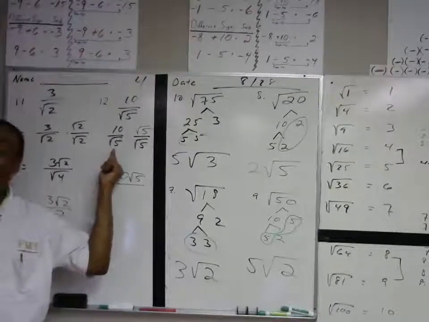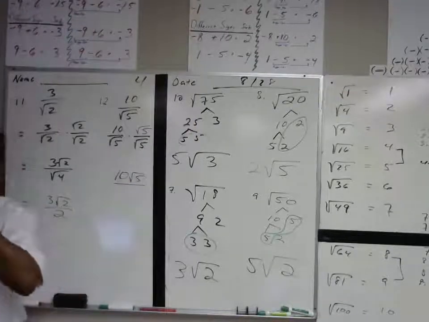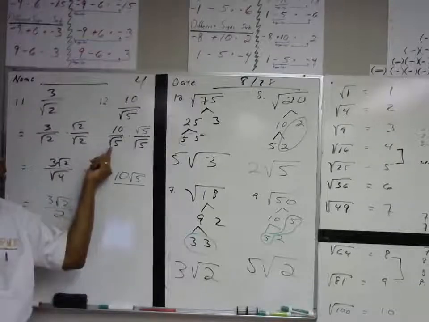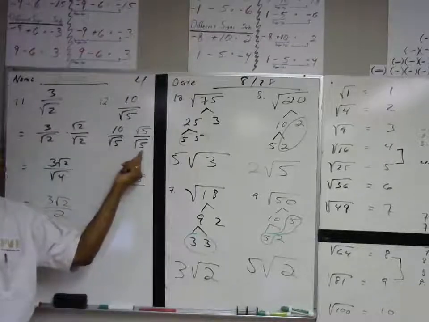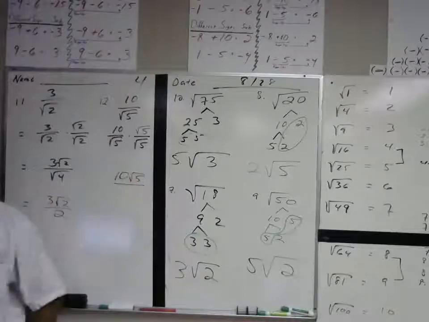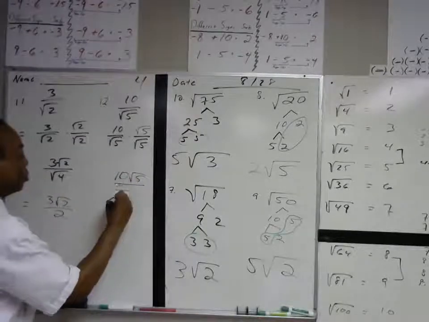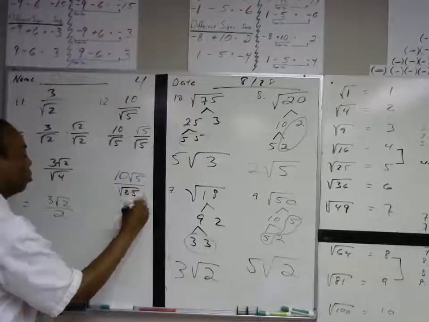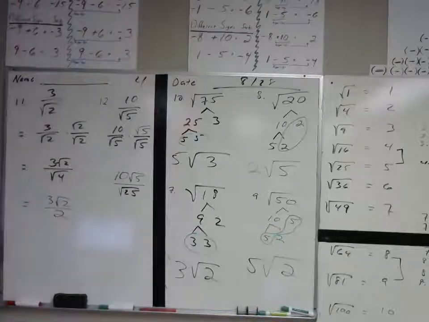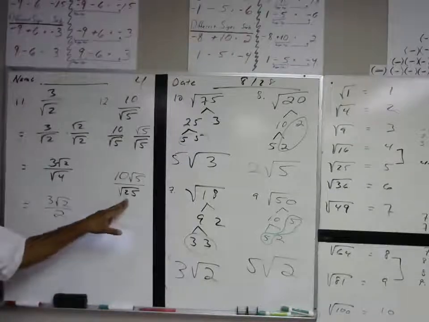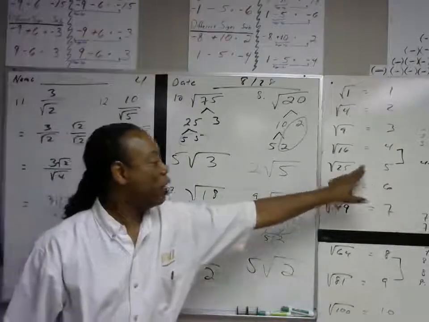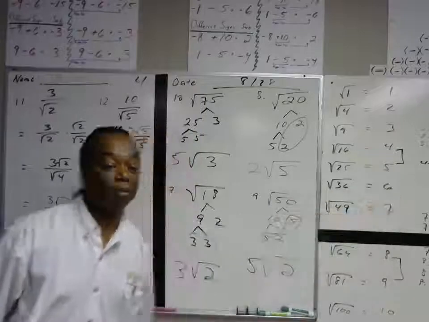Question, what is the square root of 5 times the square root of 5? The square root of 25. Now, the square root of 25 is right here, and it equals 5.